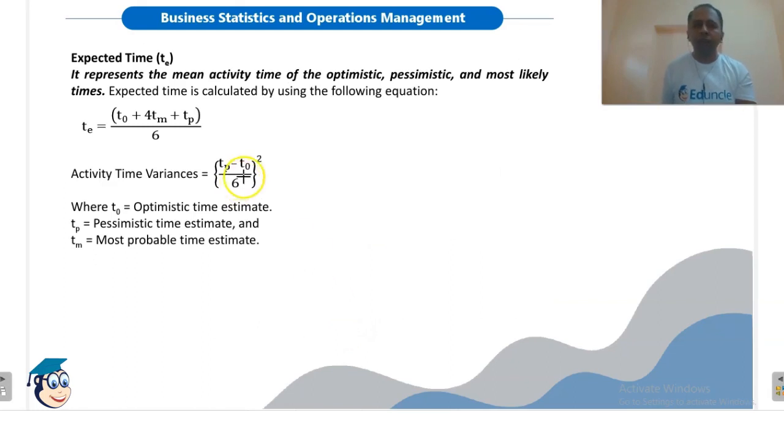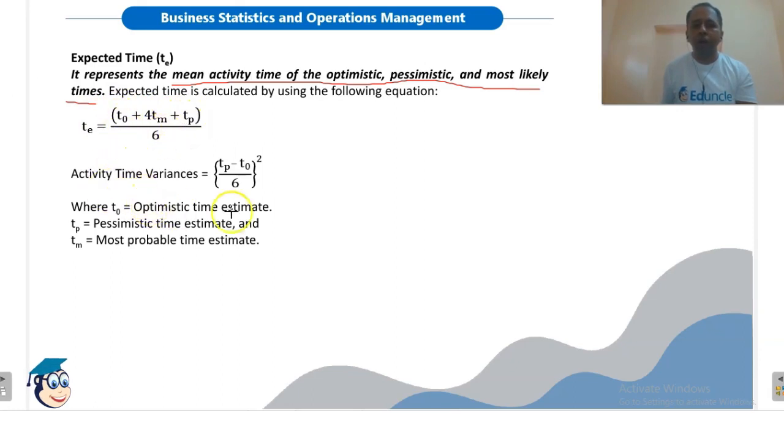Now, what will be the expected time? The expected time is calculated on the basis of optimistic time, pessimistic time, and most likely time. It represents the mean activity time. It is calculated using this formula: To plus 4Tm plus Tp, divided by 6.